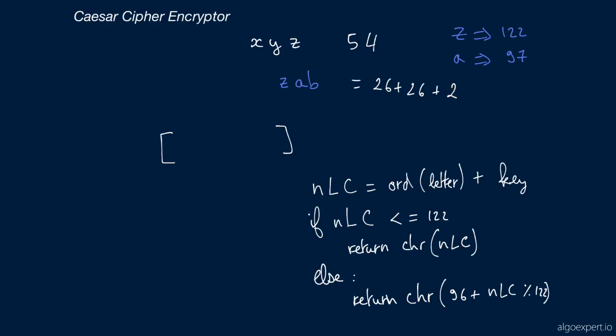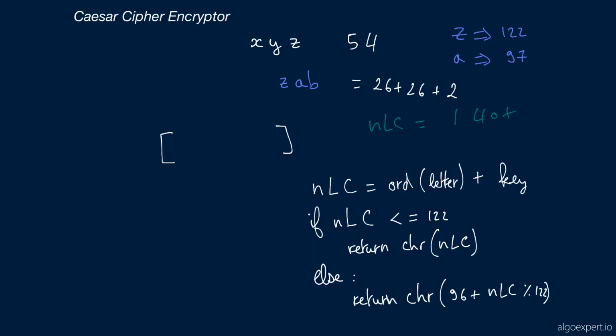and we get ZAB. But the thing is, here in our formula, right, we would have an NLC that would definitely be greater than 122. We'd have an NLC that would probably be equal to something like 140 plus something, right?